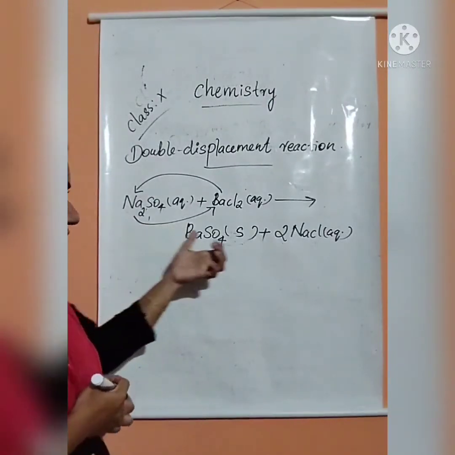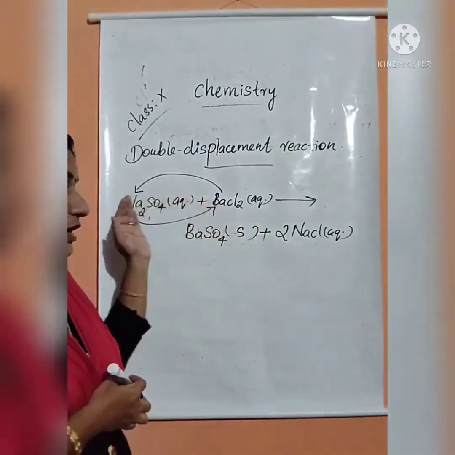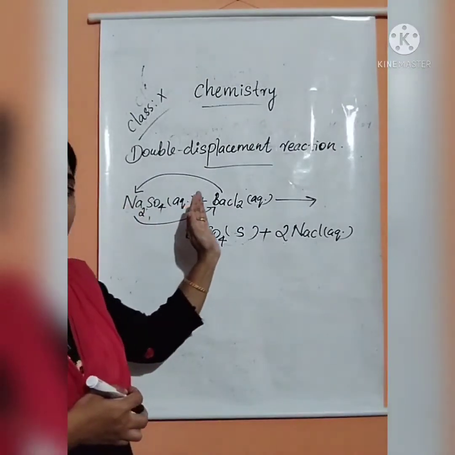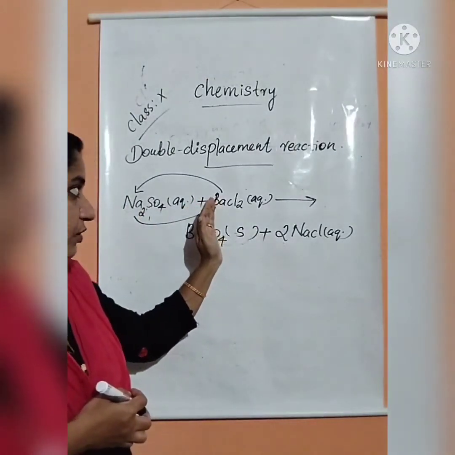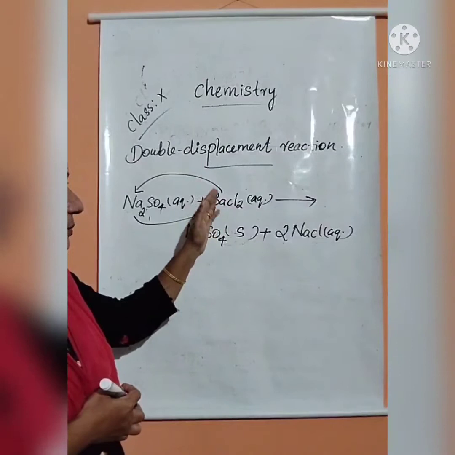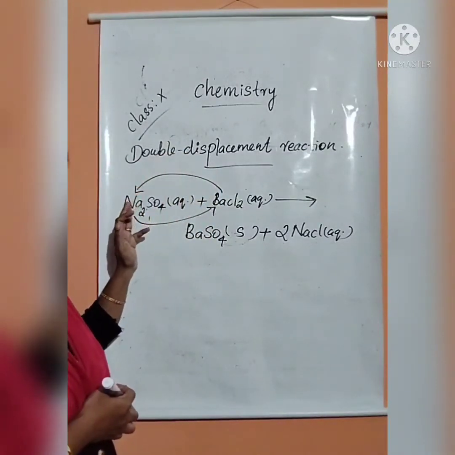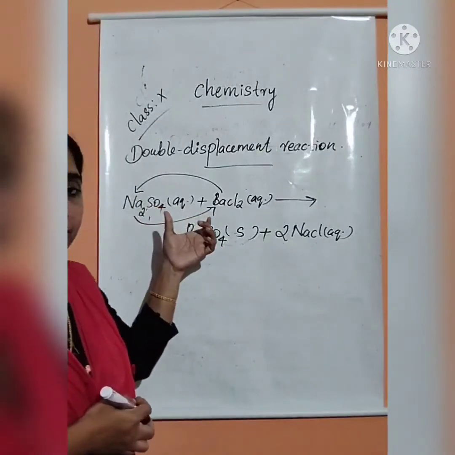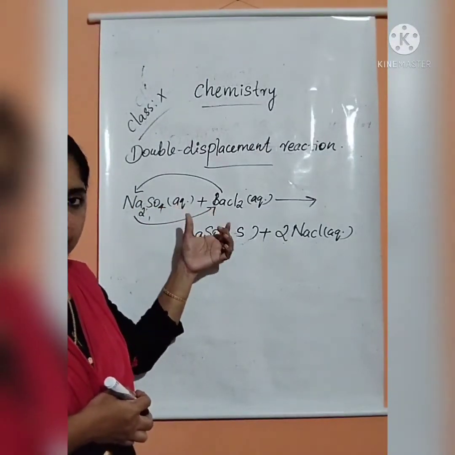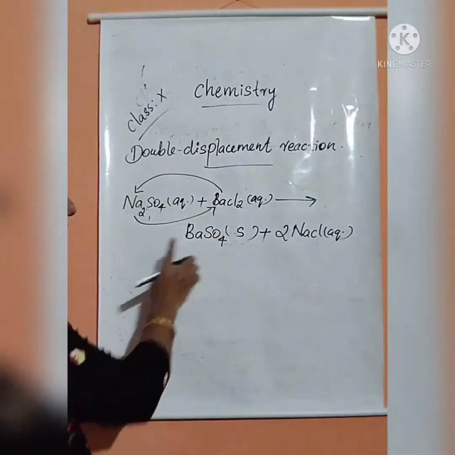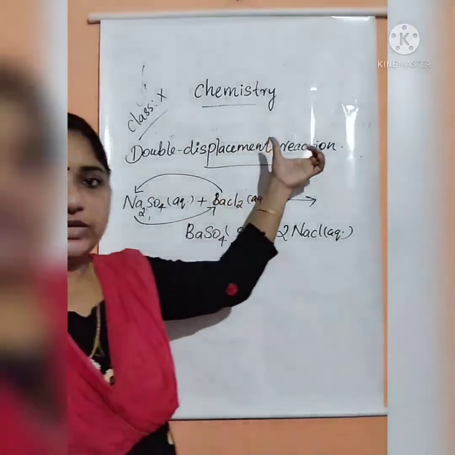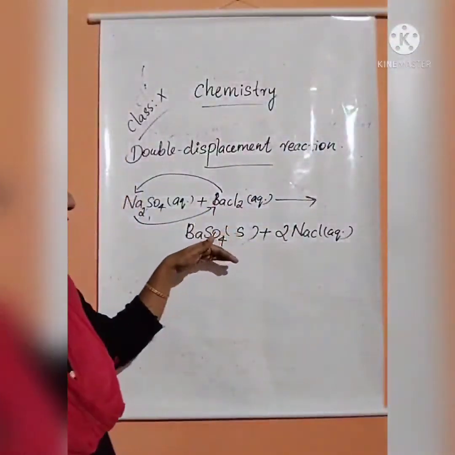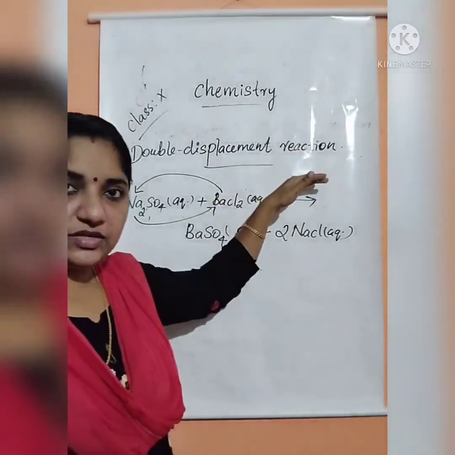Sodium comes in the place of barium, and barium comes in the place of sodium. An exchange of elements happens here. This type of reaction is known as a double displacement reaction.